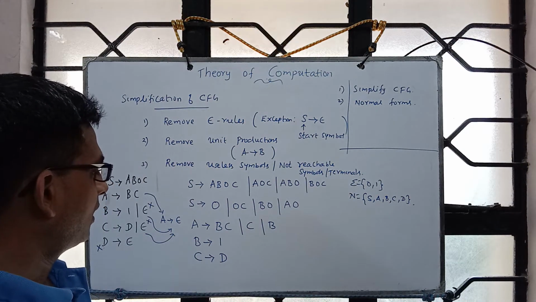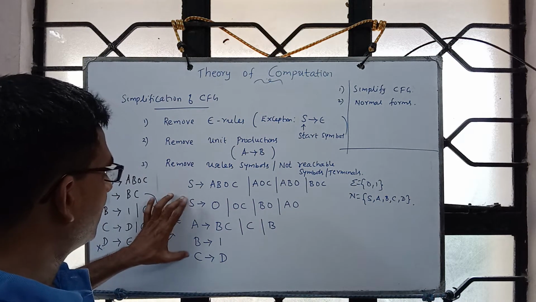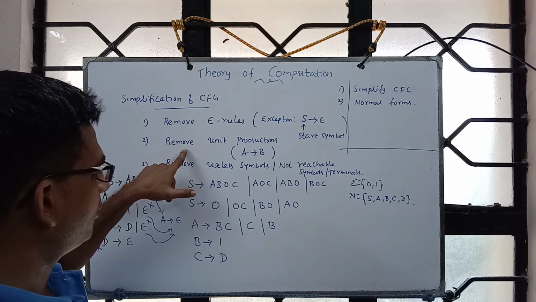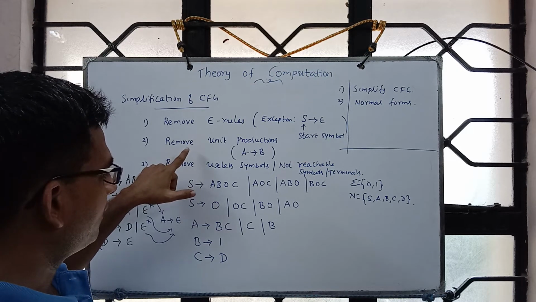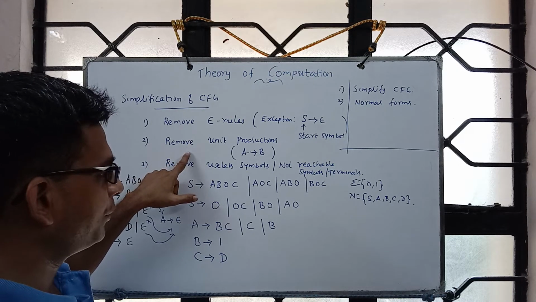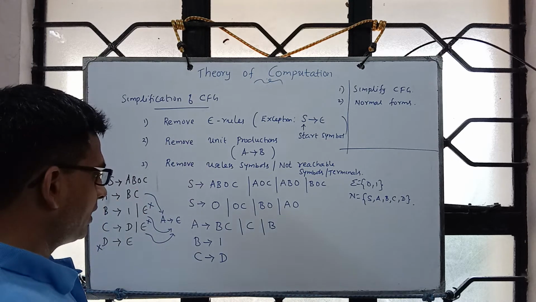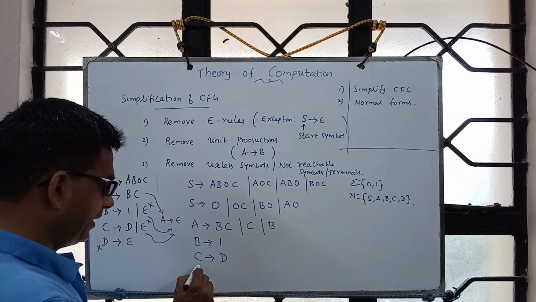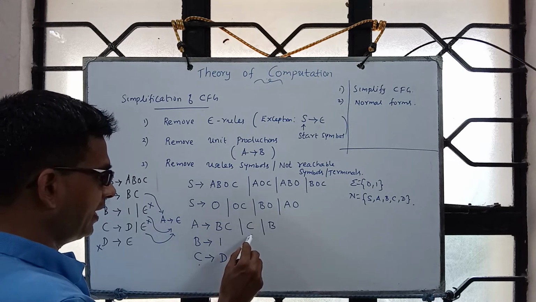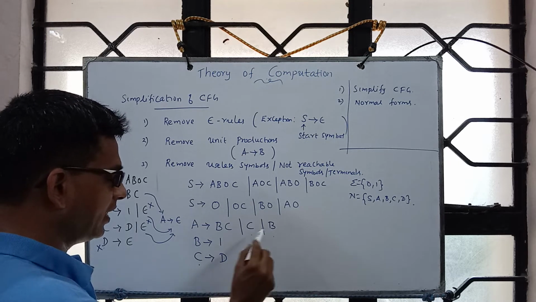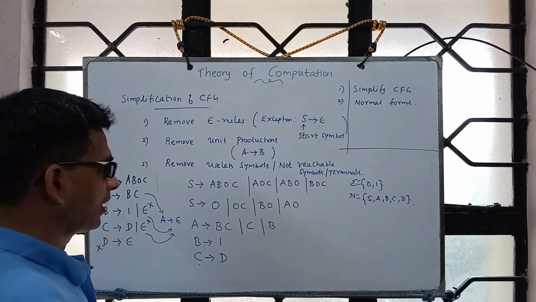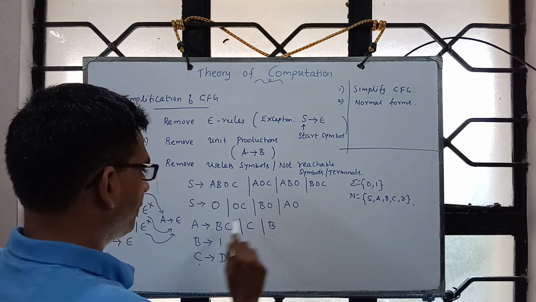Fine. Now on this, let's apply the second rule, which says remove unit productions. So what are unit productions? C → D, A → C, and A → B. And in this there are no unit productions.